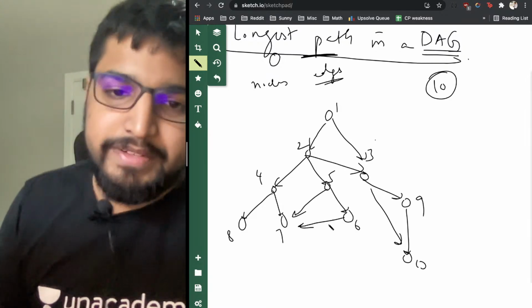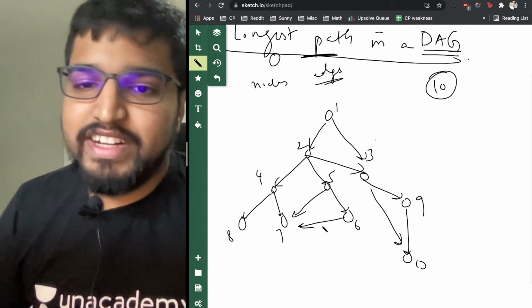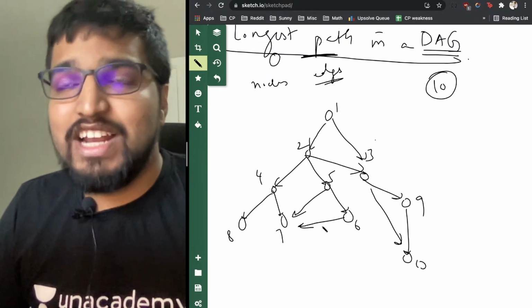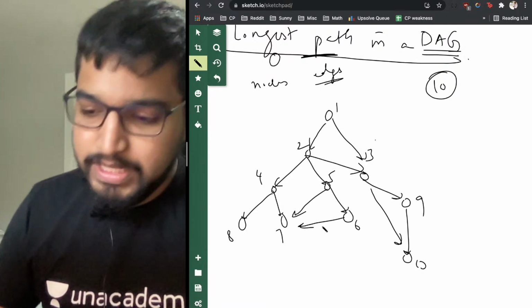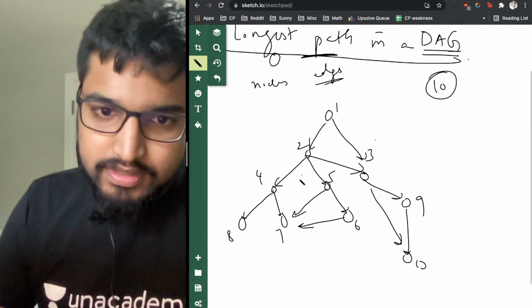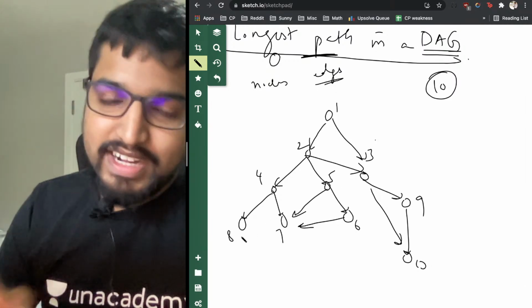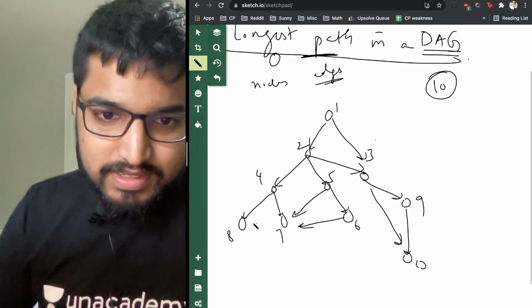Great. Now what? Now you want to find the longest path. If you don't know any algorithm, this might seem a bit hard, but no worries, we'll solve it with dynamic programming. But before getting to that, let's look at the problem first.